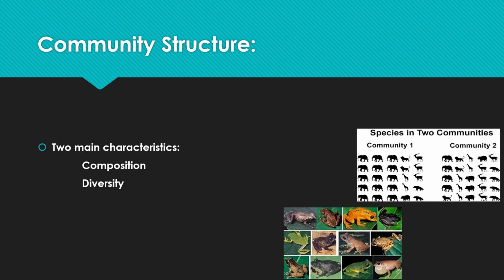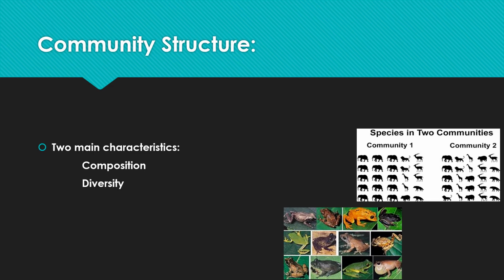So when we're talking about the community, we break it down into two characteristics. One characteristic is composition. Composition refers to species richness. We're not talking about money on this one. We're talking about the number of different species represented in that ecological community.